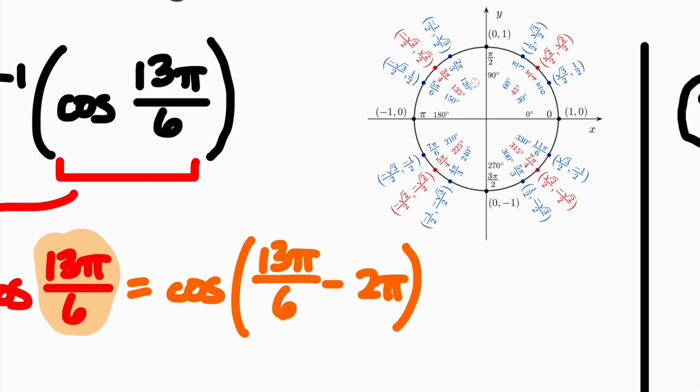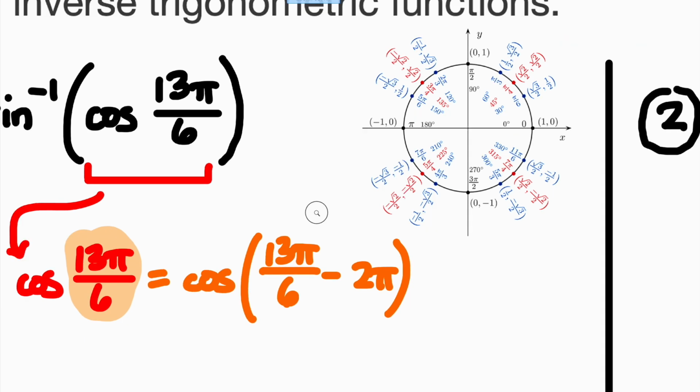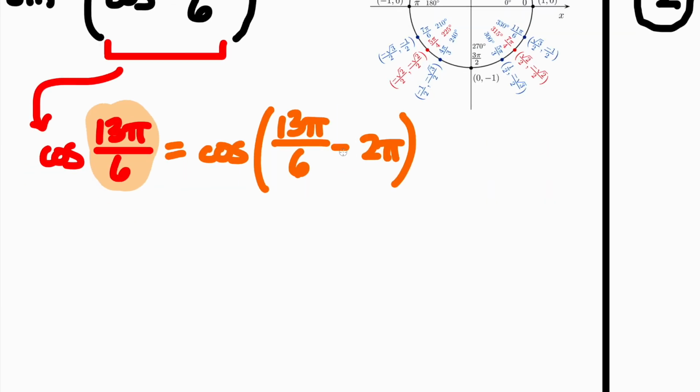If you look at the unit circle, we're going all the way around it, 0 to 2 pi this way. And that 13 pi over 6 is not on the unit circle, but if you subtract 2 pi from it, you're essentially subtracting 12 pi over 6, since 2 pi is equal to 12 pi over 6.